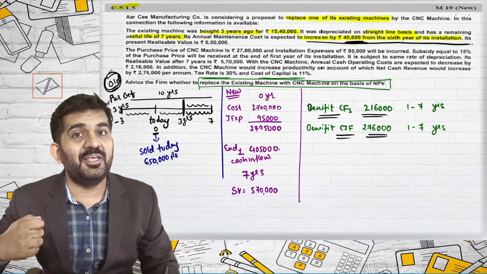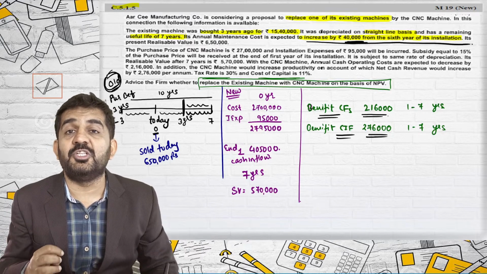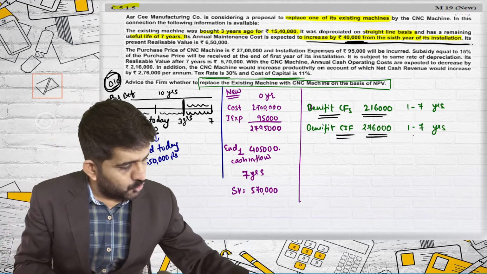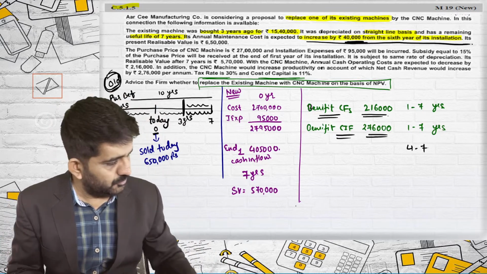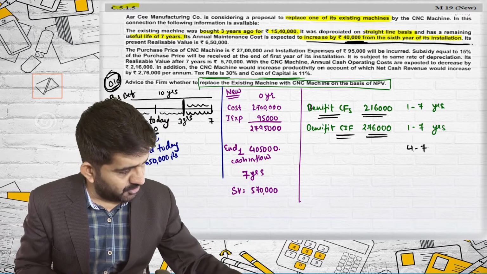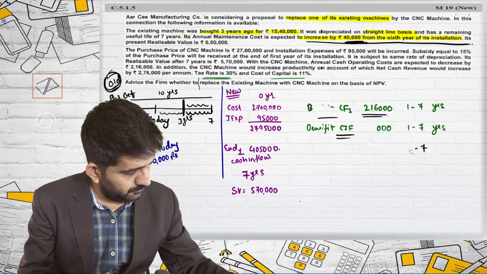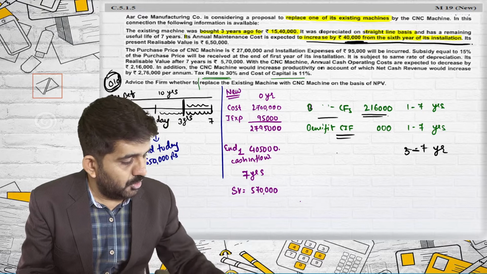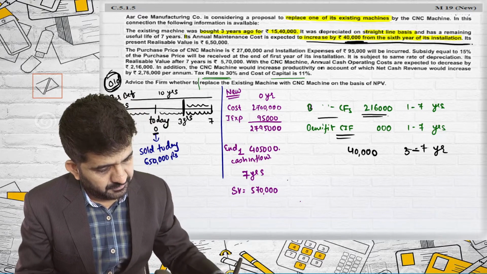Now you are purchasing a new machine, so this cost will not be incurred, which is again your benefit. So from the 3rd to 7th year, you will be having a benefit of 40,000 rupees.